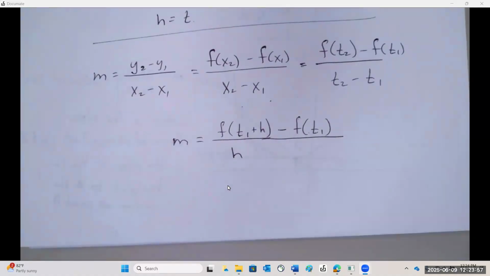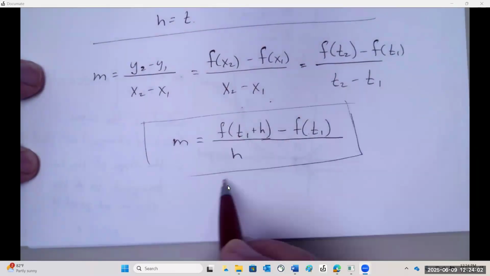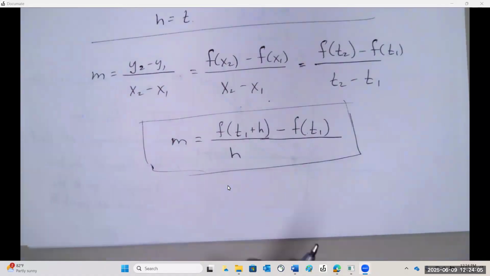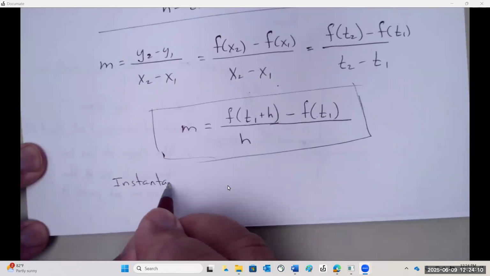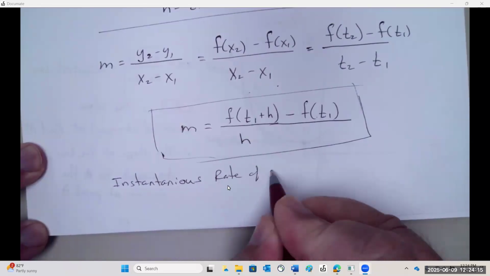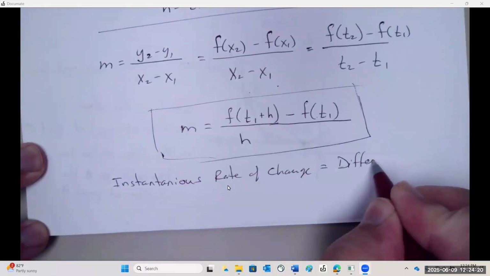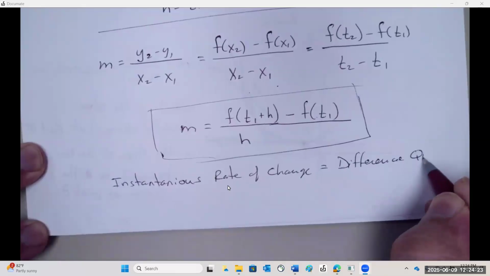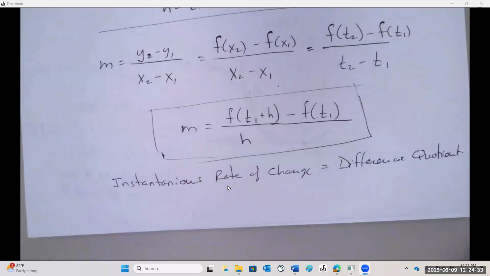We only want it at t1. So there is our instantaneous rate of change, or the difference quotient. If you remember from algebra, the difference quotient found the slope of a curve at any given point.